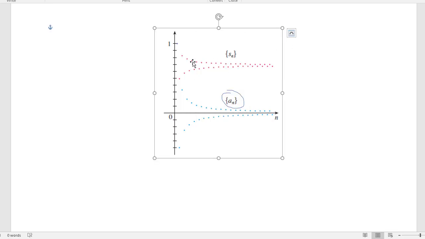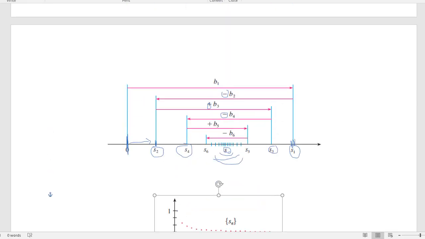I get plus, minus, and my sequence of partial sums is honing in on whatever this sum is right here. If I scroll back up to the top, it's the same thing: the sequence of partial sums jumps back and forth, and eventually we zero in and land at the true infinite sum.